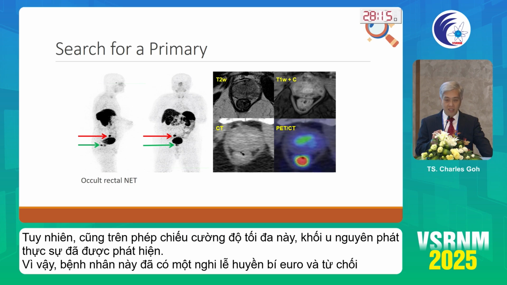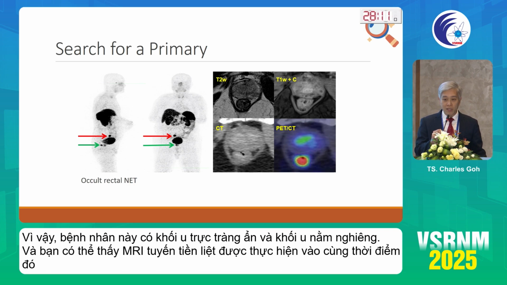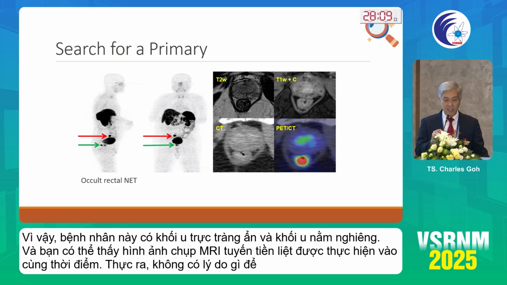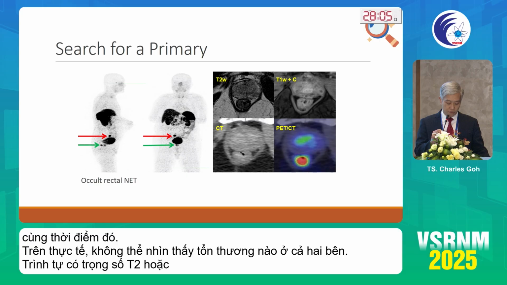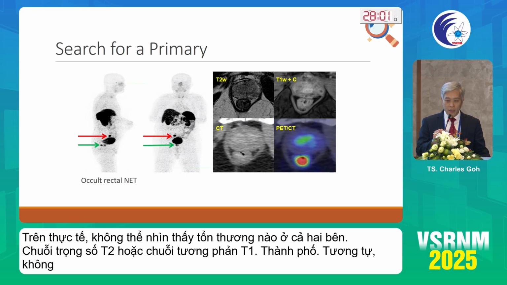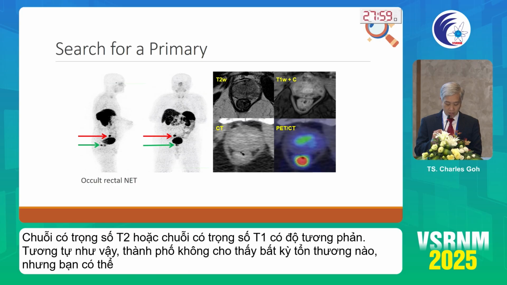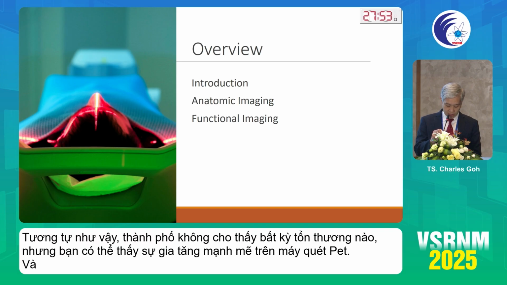If you look at the MRI prostate that happened to be done around the same period of time, no lesion can be seen on either the T2 weighted sequence or the T1 weighted with contrast sequence. The CT similarly didn't show any lesion, but you can see the intense uptake on the PET-CT scan. This is how these types of tumors can often present.